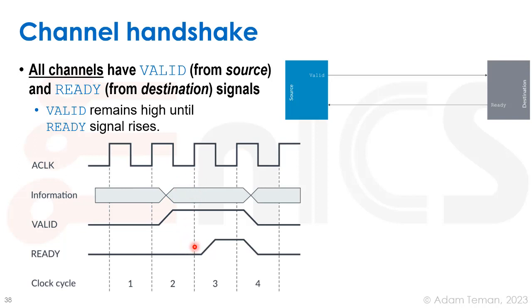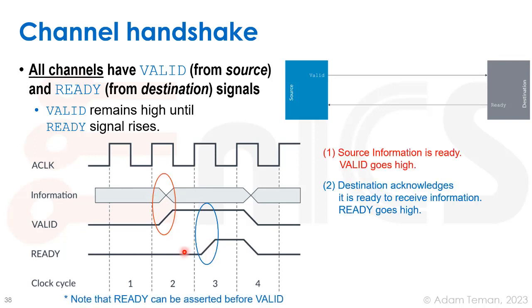And on the clock cycle, the destination will say, okay, I am ready to receive it. Actually, that's not 100% true, because the ready can be asserted before the valid. It is not dependent on receiving the valid to say that the destination is ready. And we'll see that in a minute in actual waveforms of how this works across a transaction.